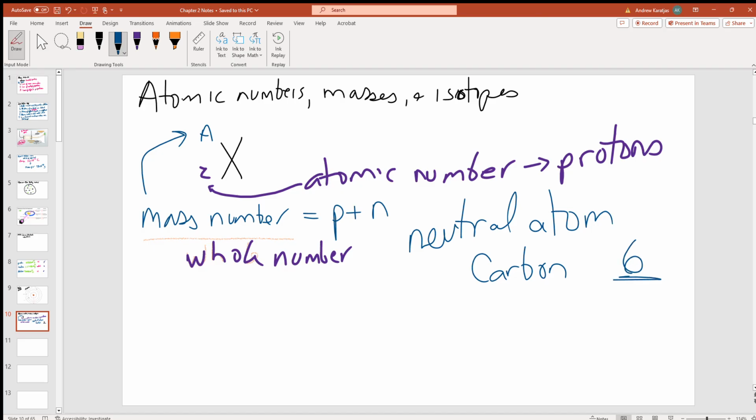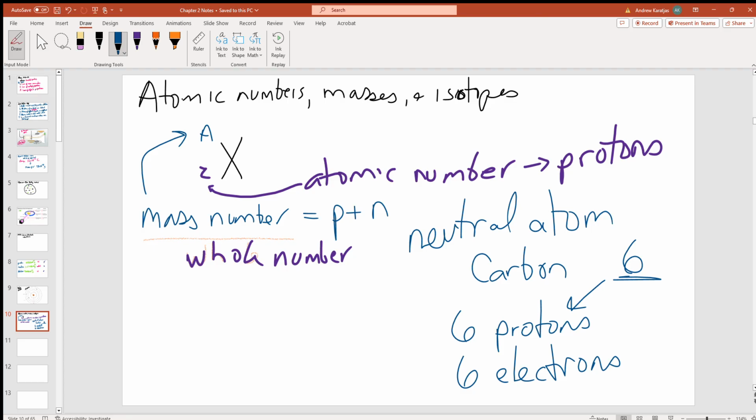That atomic number will tell us that carbon has 6 protons, and that we can say it always has 6 protons. If it has a different number of protons, it's a different element. If it's neutral, in order for the charges to balance, it'll have the same number of protons and electrons.